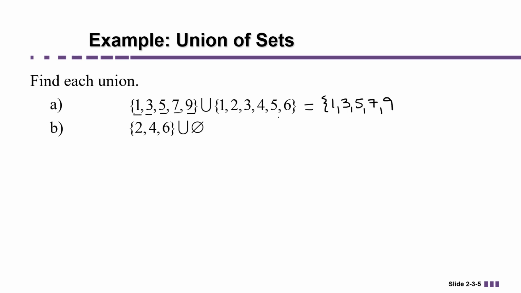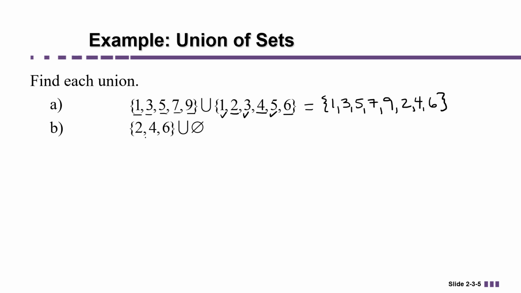Then you go through and add in any additional elements that were missing from the second set. We already have a 1, we need a 2. We already have a 3, we need a 4. We already have a 5, we need a 6. You don't have to write any of the elements twice, in other words.